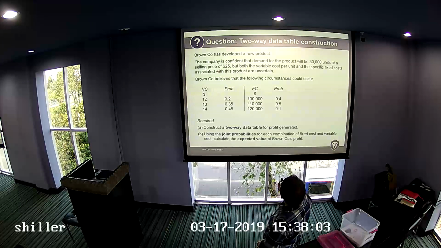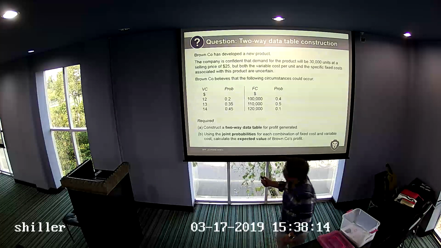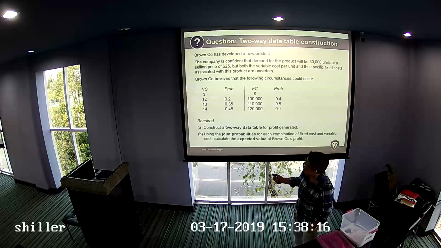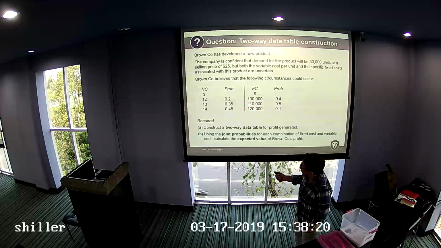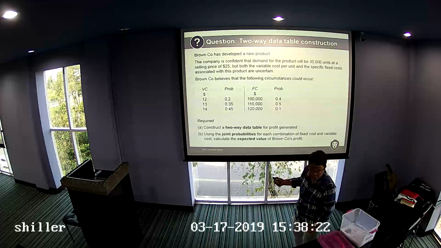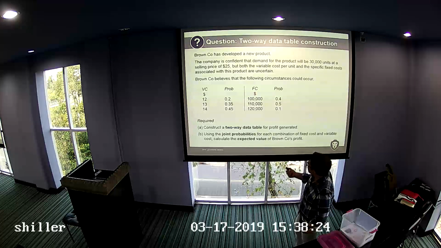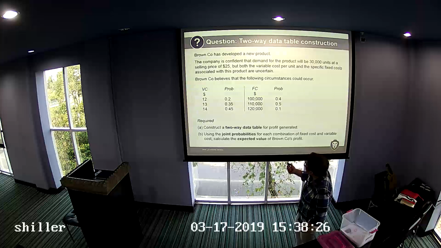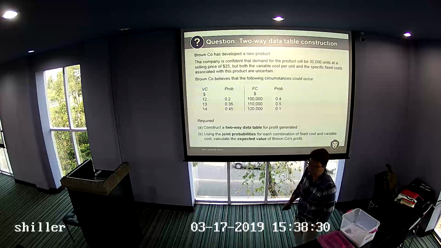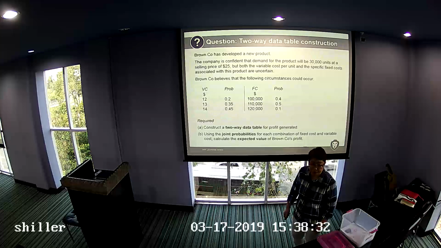However, the variable costs and the fixed costs are not certain, but it's covered by the following circumstances. So there are 3 possible variable costs per unit, and this is the probability that this will happen. There are also 3 fixed costs that could happen, and these are the probability that will happen. Okay?